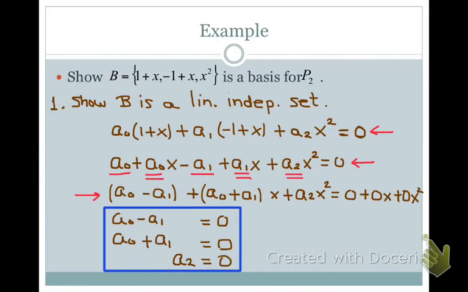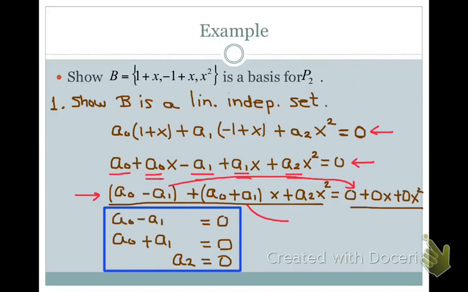So now if I match coefficients, what does that mean? I have a polynomial on the left-hand side, and I need for the polynomial on the left to be equivalent to the zero polynomial on the right. So it simply means that their coefficients have to be equal. So the constant term must match the 0 here.